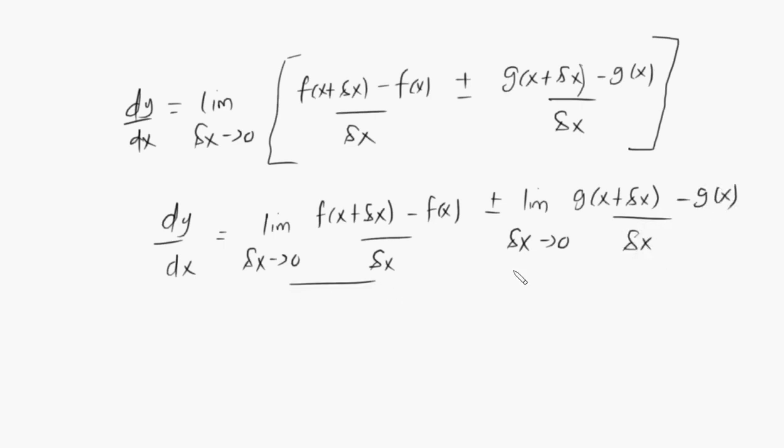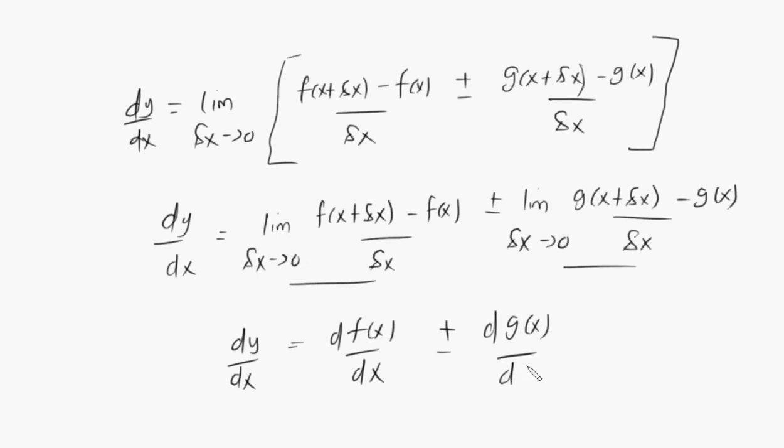Now what is this? This is just the derivative of the function f(x) by first principle. And this is just the derivative of the function g(x) by first principle. So my dy/dx is just equal to df(x)/dx plus or minus dg(x)/dx. Remember, this was for a function y equals f(x) plus g(x).